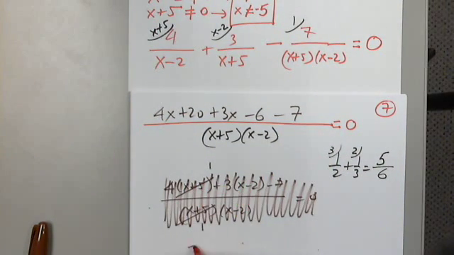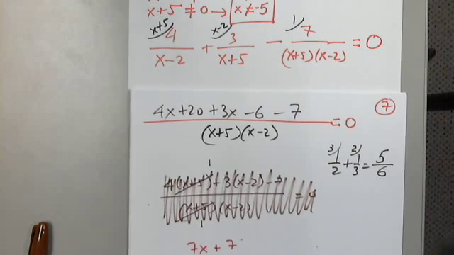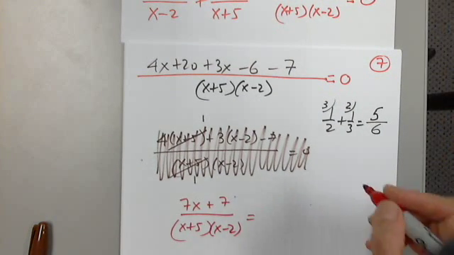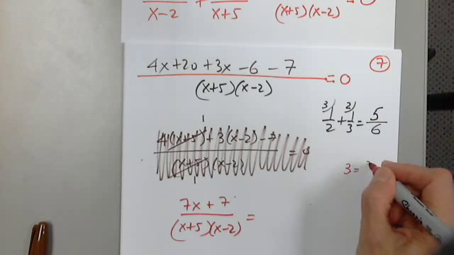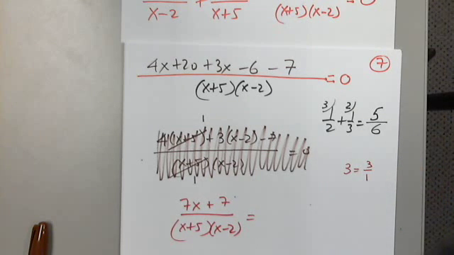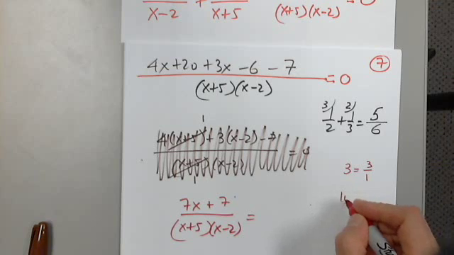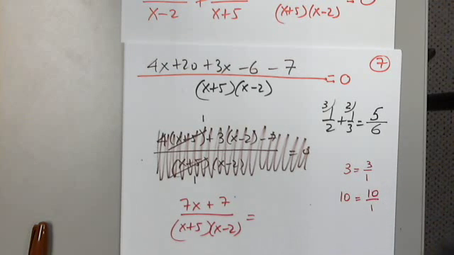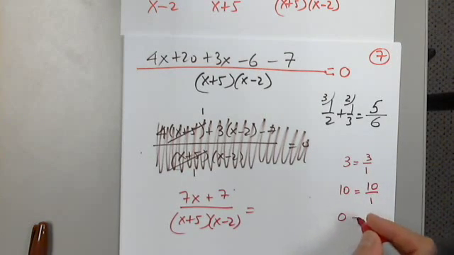Very good. So then I have 7x plus 7 divided by x plus 5 times x minus 2 equals. Now I'm asking you a question. Can I write 3 as 3 over 1? Can I write 10 as 10 over 1? Do you allow me to write 0 as 0 over 1?